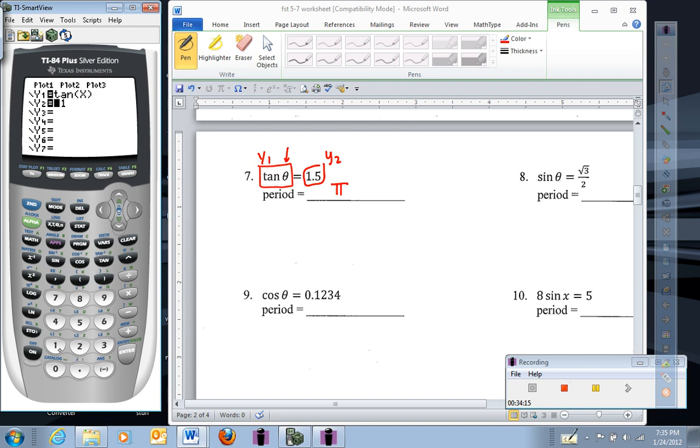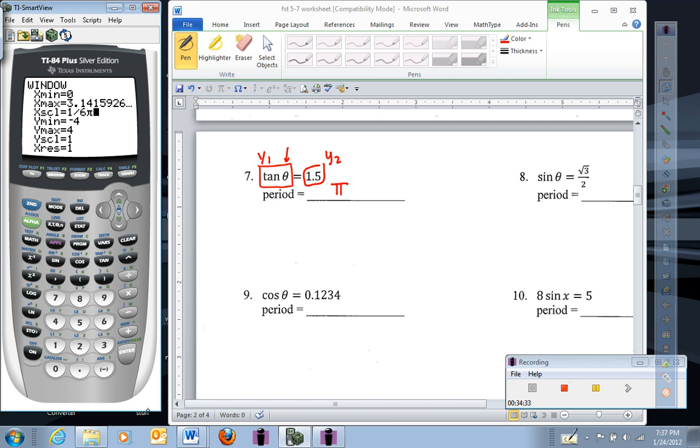We'll go to y2, and we'll put in 1.5. And then we're going to go to our window, because it's all messed up. We're going to take this up to pi. And I still like my 1/6 pi increments, so I'm going to do 1/6 pi.